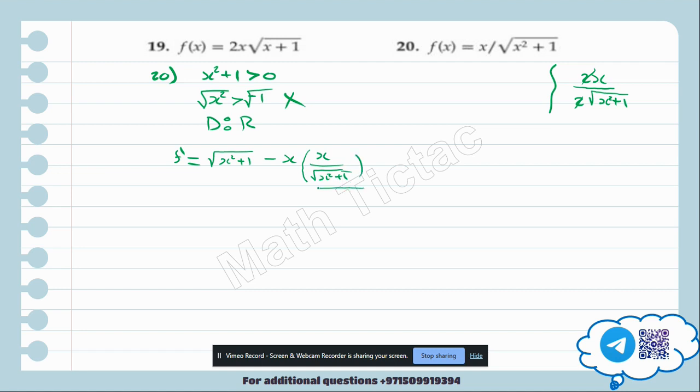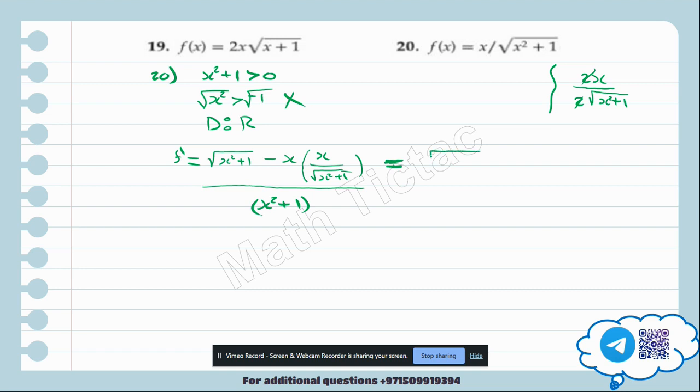Again, the rule is the denominator multiplied by the derivative of the numerator, minus the numerator multiplied by the derivative of the denominator, over the denominator squared. For the denominator squared, if we square the square root, the square cancels the root, so I will get x squared plus 1 at the end. Now let's write it in a more simplified form.